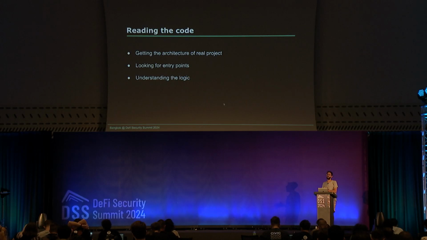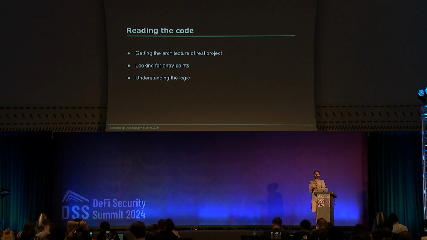So the idea is to get everything into practice, get back, learn, and then practice reading the code, get back, learn, and do this loop until you can figure out how everything works, and with some time, you will get better, right? So for this, we look at real project architecture, know where the entry point is located, and try to understand a bit of the logic of each entry point.